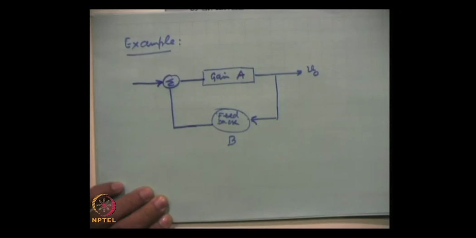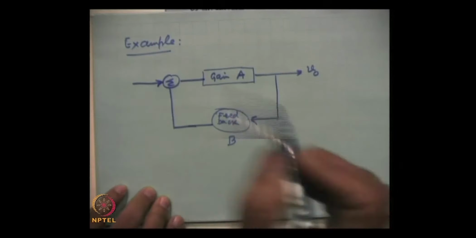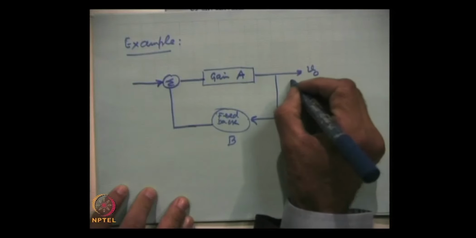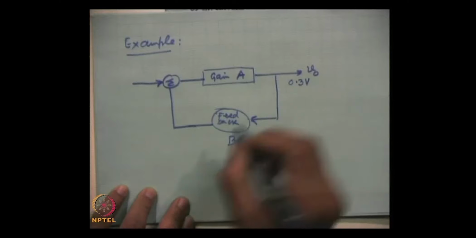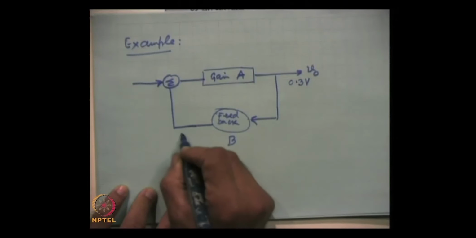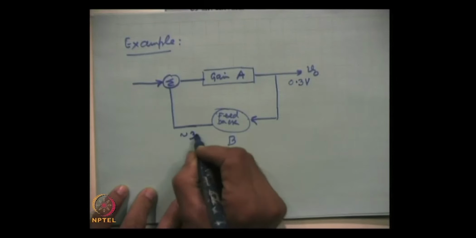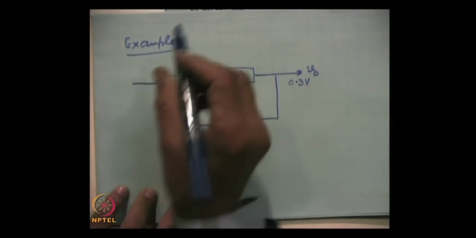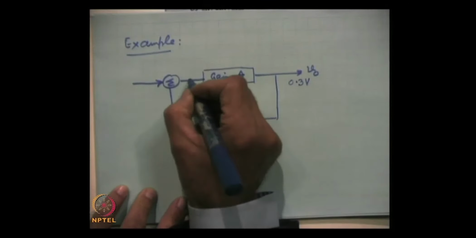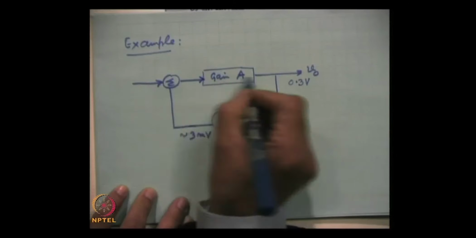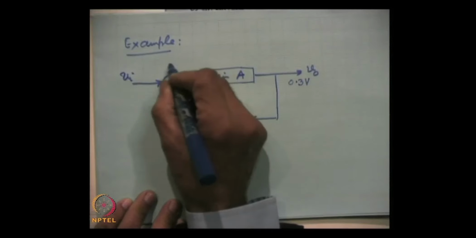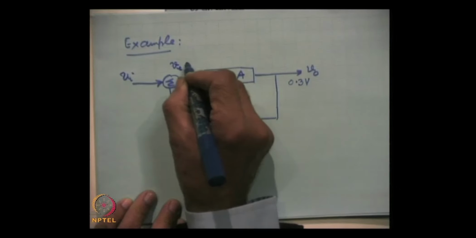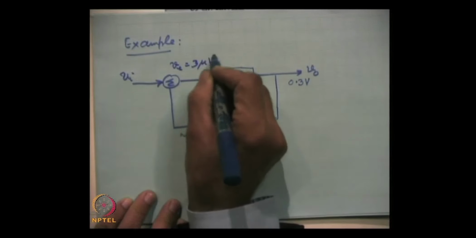Now, I assign the values. This is, for example, 0.3 volts and this is around 3 millivolts, and this error signal going to the main amp, this is Vi, the error signal Ve is 3 microvolts.